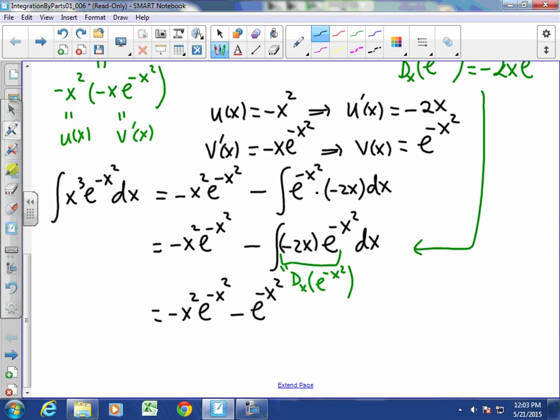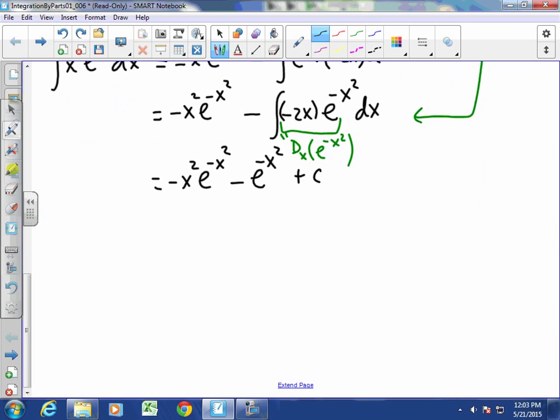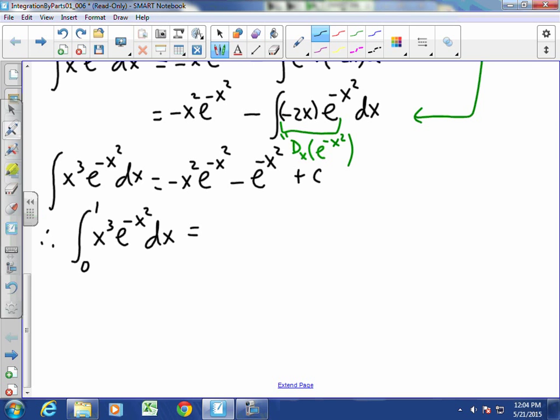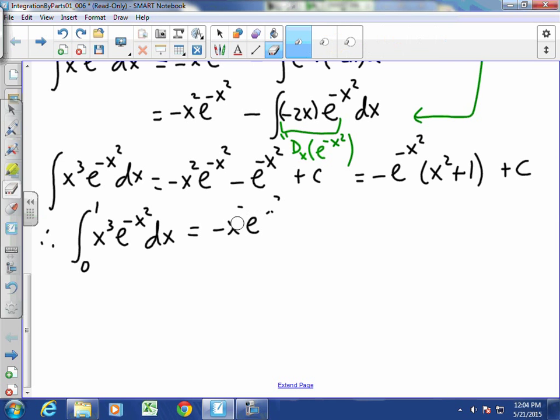Now, since we are evaluating the integral from 0 to 1 of x cubed e to the negative x squared dx, it is just negative x squared e to the negative x squared minus e to the negative x squared, or you could also write this as negative e to the negative x squared times x squared plus 1, plus a constant.